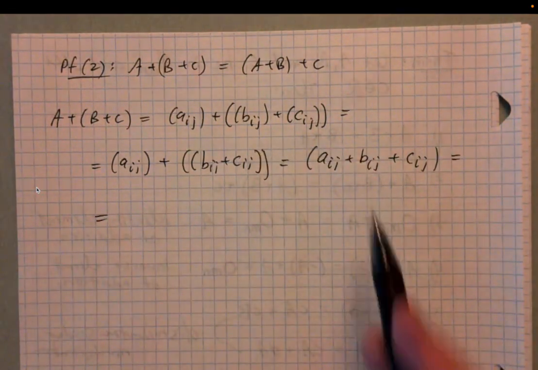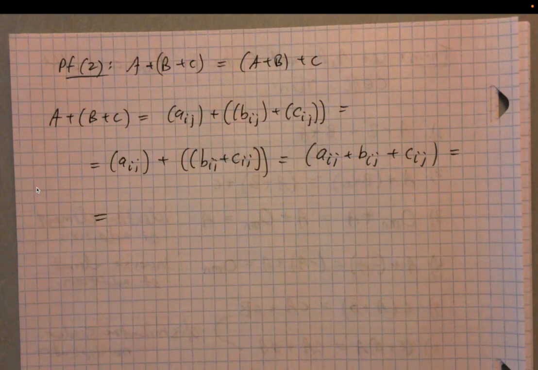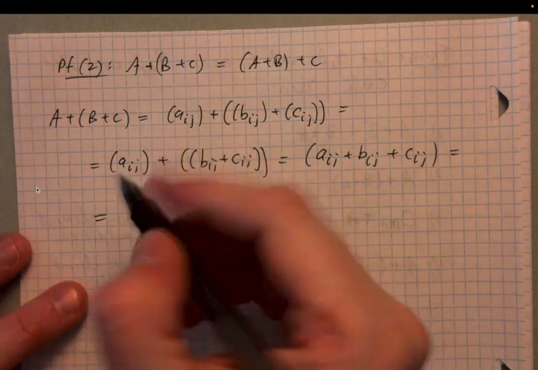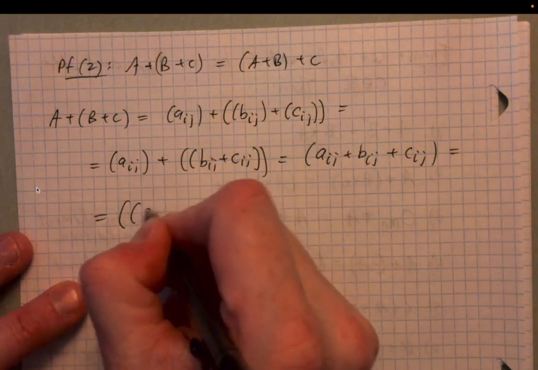Once I'm inside the matrix, we're talking about the entries, which are just three real numbers added together. From the properties of arithmetic of real numbers, I can add them in any order I like, and so I can reassociate them like this.